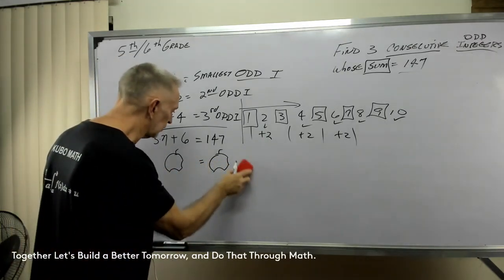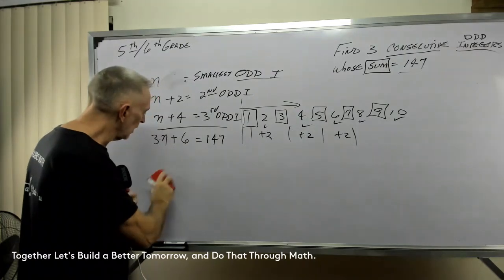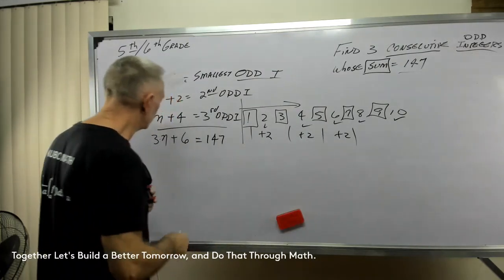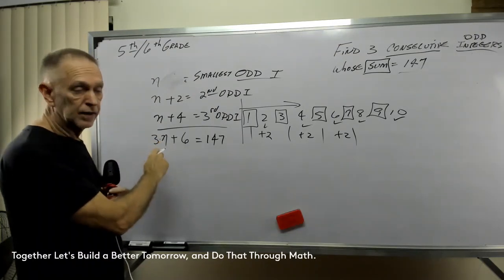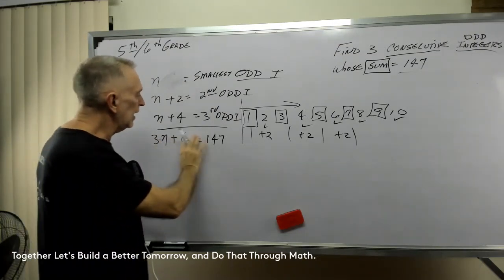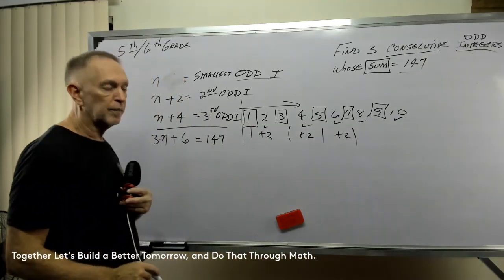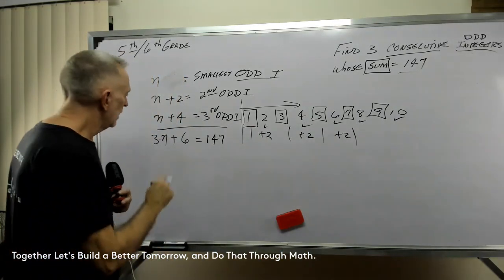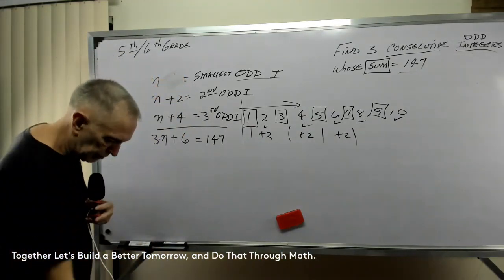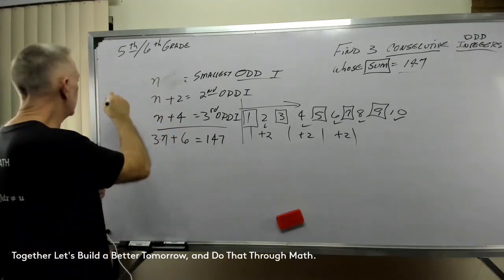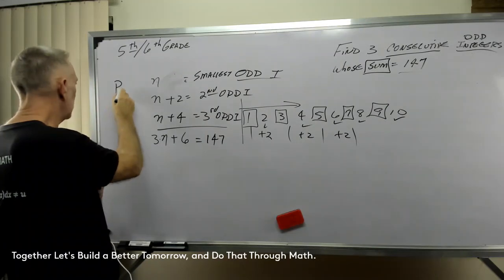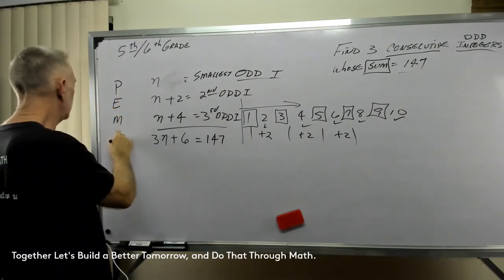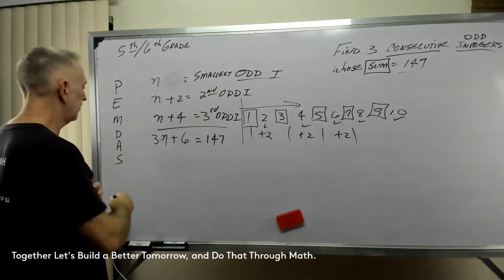Okay, so having said that, what is it we're trying to solve for? We're trying to solve for n. So I need to get everything away from n. Now you've studied the order of mathematical operations: Please Excuse My Dear Aunt Sally.